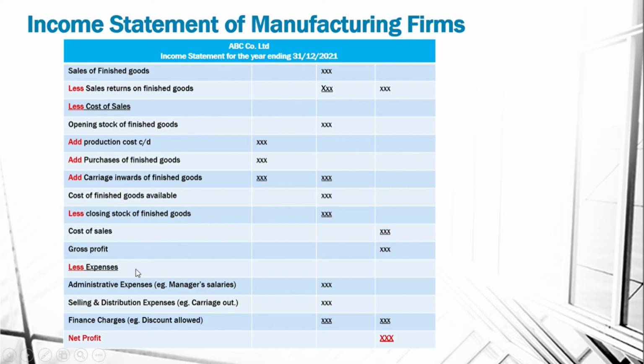Now another difference with the income statement for manufacturing firms is the expenses section. The expenses section is not just placed there randomly. The expenses section has headings. What you see here are actually headings, but because I don't have enough space, I just put the headings there and then put the examples. For example, administrative expense is one of the headings, and an example of administrative expenses is managers' salaries.